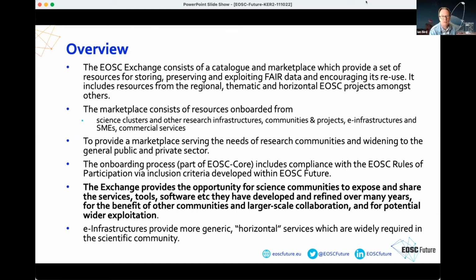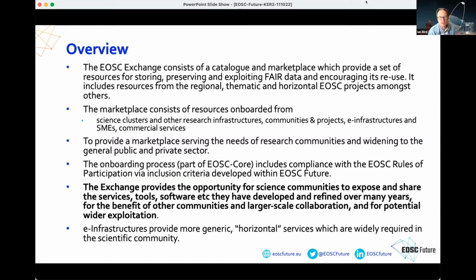So at the moment, it consists of resources which are being onboarded from the science clusters, other research infrastructures, other research communities, research projects, existing services from the e-infrastructures, potentially from industry, but also commercial services.